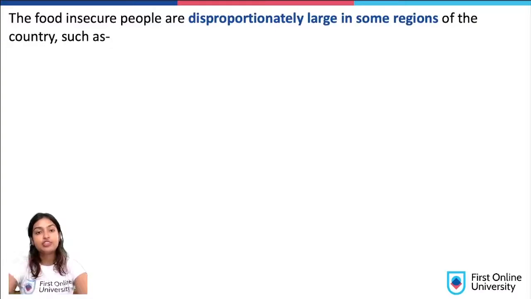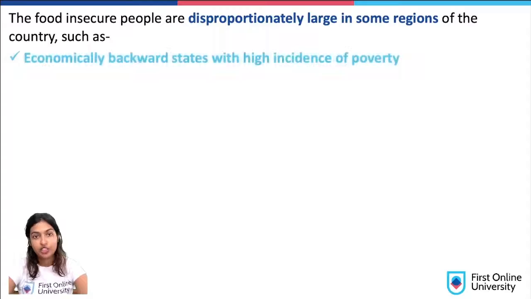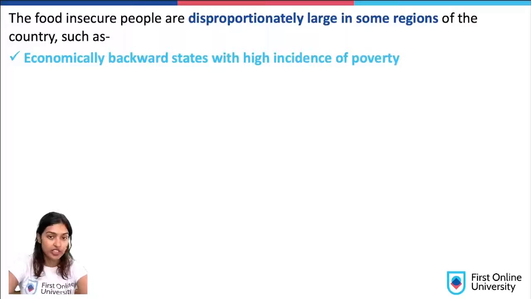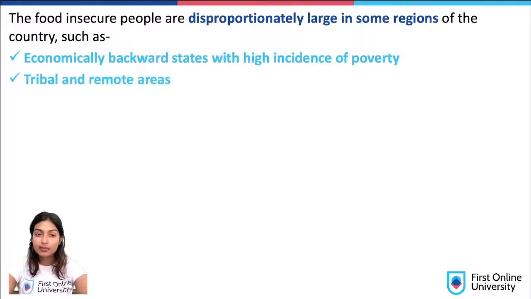Also, the food insecurity that we have in India is very disproportionately distributed, which means one state might have high food insecurity, and another state might have a very low percentage of food insecure population. So what are those areas which have a high percentage of food insecurity? Those states which are economically backward and have high rates of poverty. Then, like I've said, tribal and remote areas.